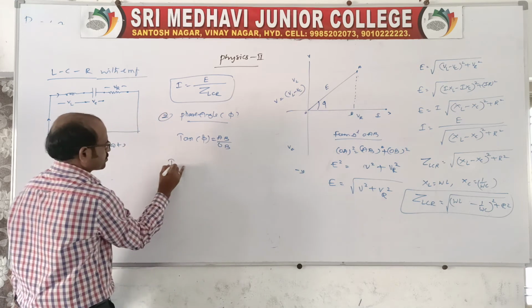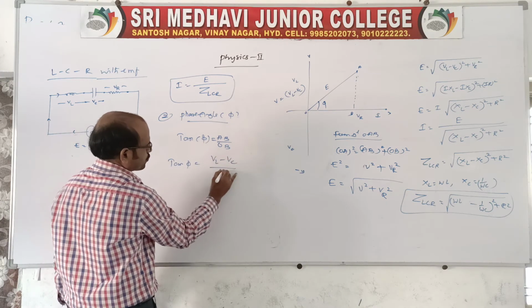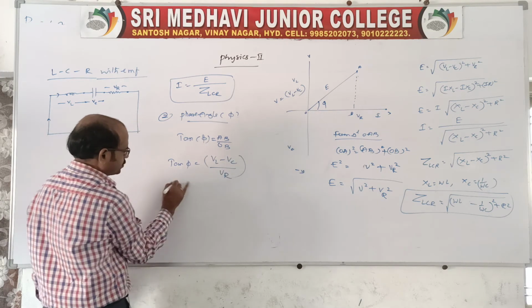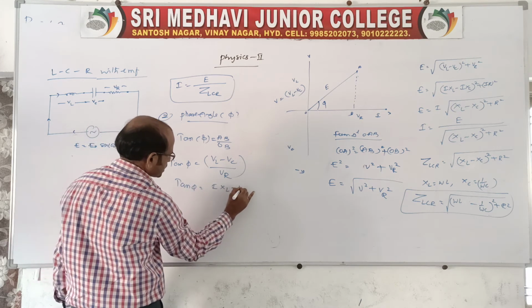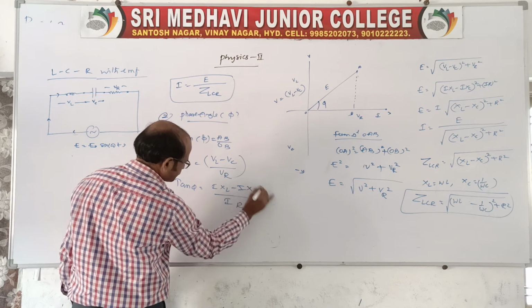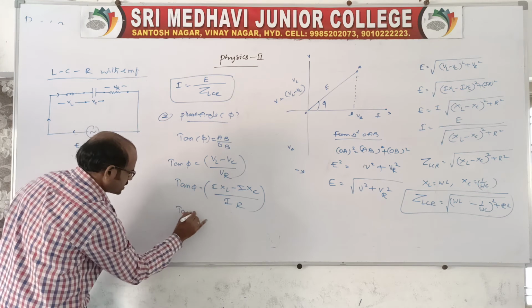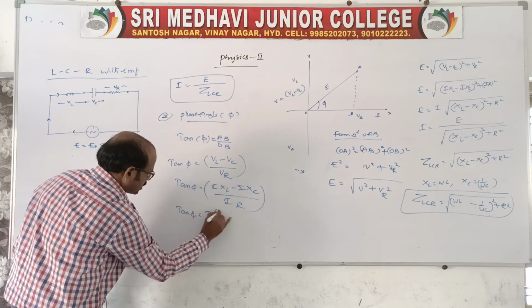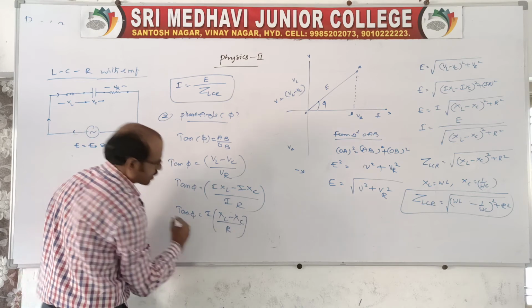So AB is represented as VL minus VC by VR. So tan phi is equal to I into XL minus I into XC by I into R. Therefore from this you take I common: XL minus XC by capital R.